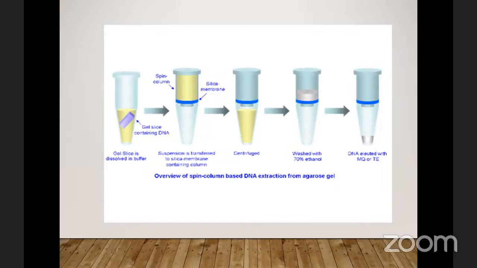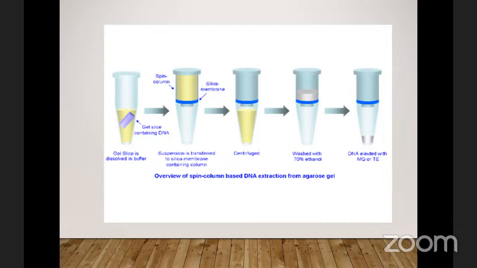Now, look at this first tube here. Let's say that the purple thing inside the tube is our sample. We put it inside the reagent, the yellow one. That reagent is like our lysis solution that is going to lyse the cells.